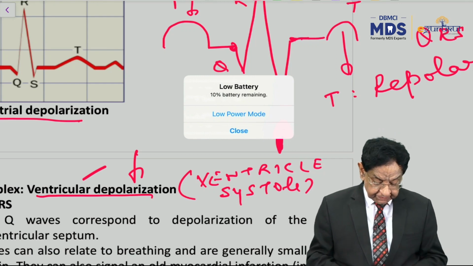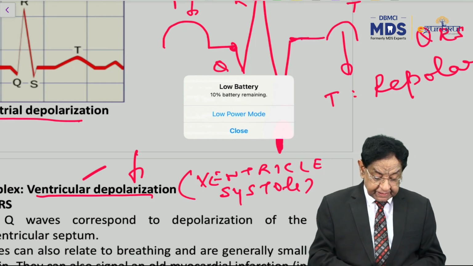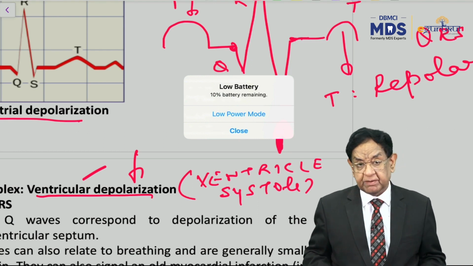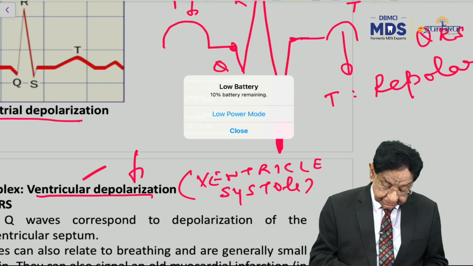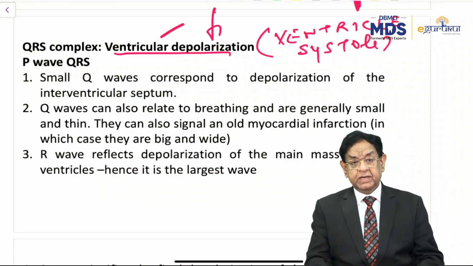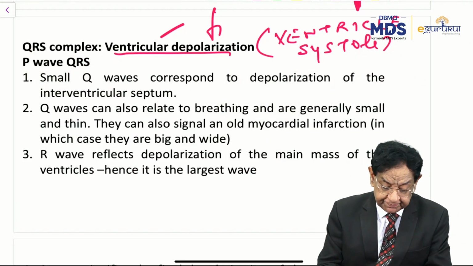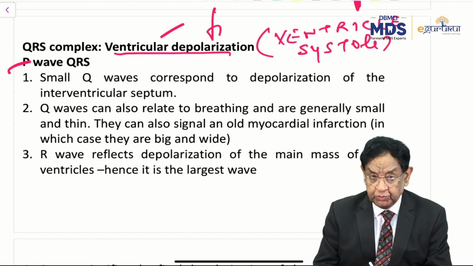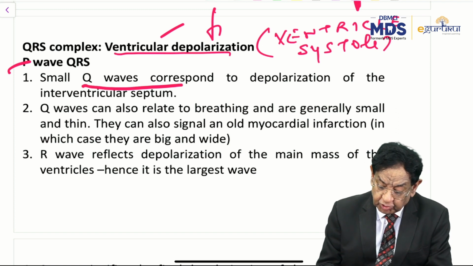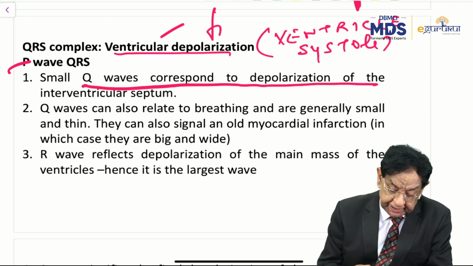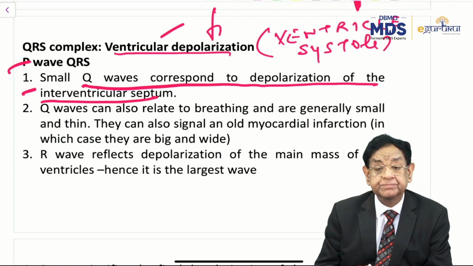With this background, let's talk in a little more detail about the ECG findings. Regarding the P wave, I told you it's the atrial contraction or depolarization. Now, a small Q wave corresponds to depolarization of the interventricular septum.